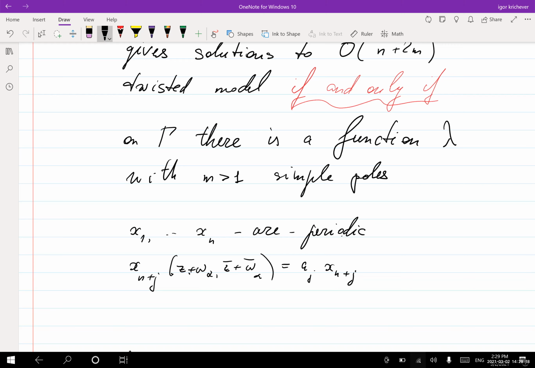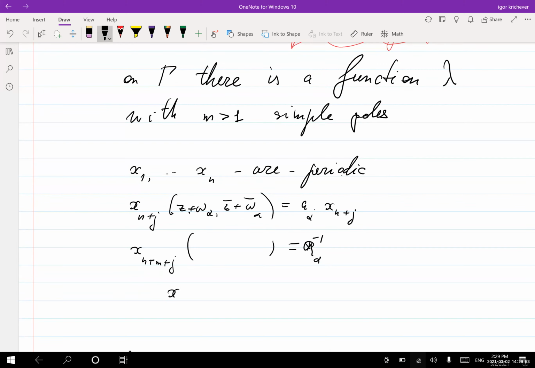So we allow solutions not to be periodic, but also Bloch solutions, and x_{n+m+j} would be with multipliers a_j^{-1}. So the quadratic relation is x_1^2 plus ... plus x_n^2 plus the sum over j of x_{n+j} times x_{n+m+j} equals 1.